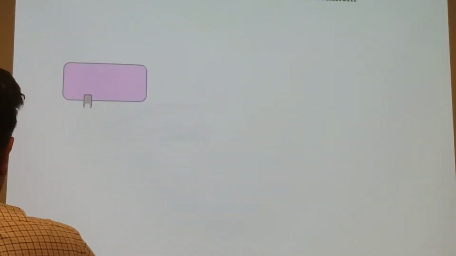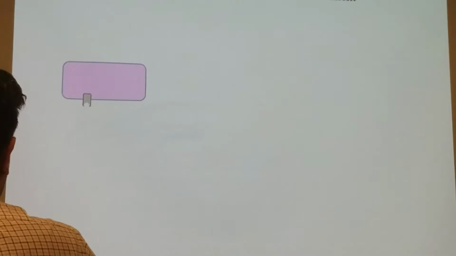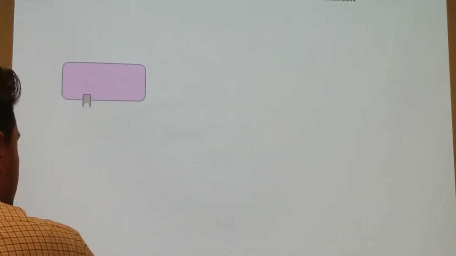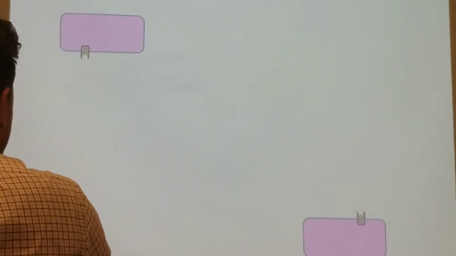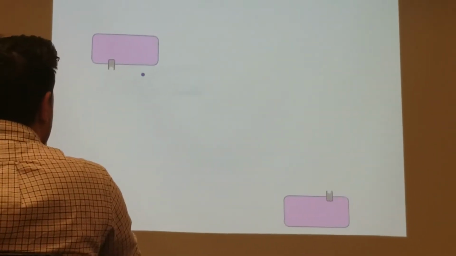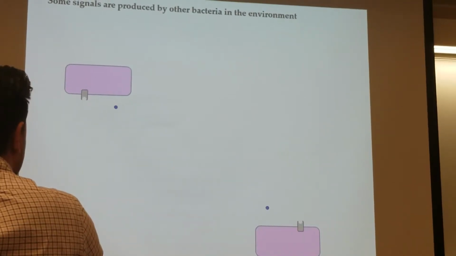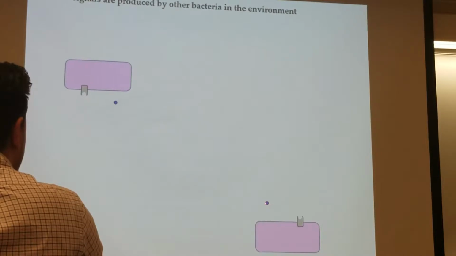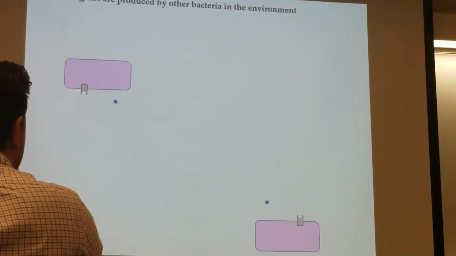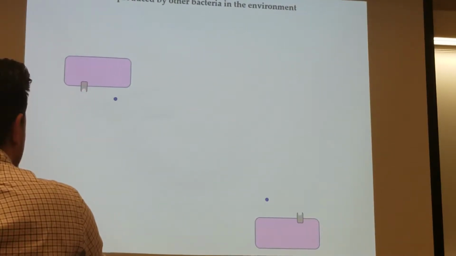Say that there's just two bacterial cells within this environment, which is the screen. If they're going to try to talk to one another by releasing these signaling molecules, if there aren't a lot of them around, like you see up on the screen, chances are not too good that it will find its way over to that bacterial cell sensor, at least not anytime soon.